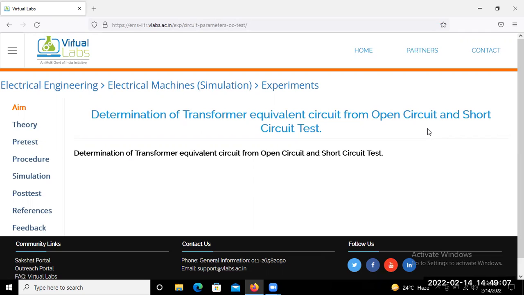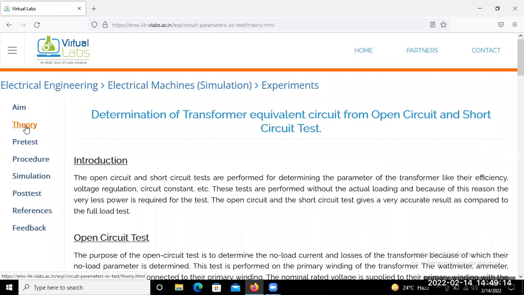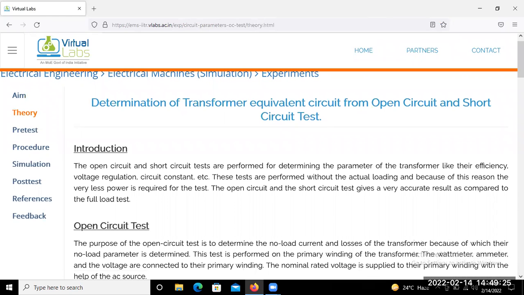Let's see the theory part of this open circuit test. I think you have the basic knowledge of the transformer. The open circuit and short circuit tests are performed to determine the parameters we already explained a few minutes earlier, and also the efficiency, voltage regulation and circuit constants.